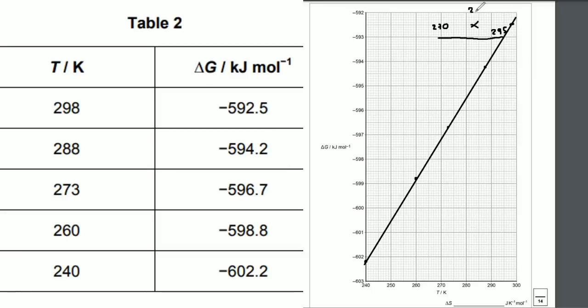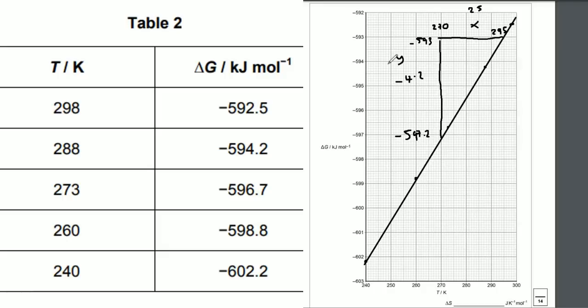So what we're going to do here, I'm going to do my graph up here. I'm going to find a point where my line of best fit hits a nice easy bit to read. So there it's at 295, and I'm going to come across to here and down to the line where it's nice and neat, and I can work these out fairly simply. So I've got 597.2, and that's minus 593.